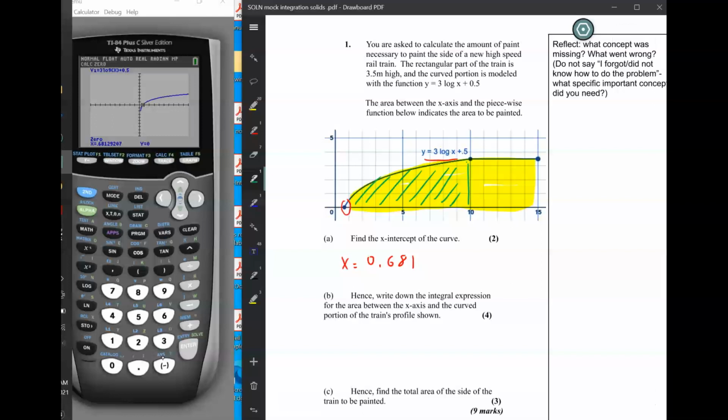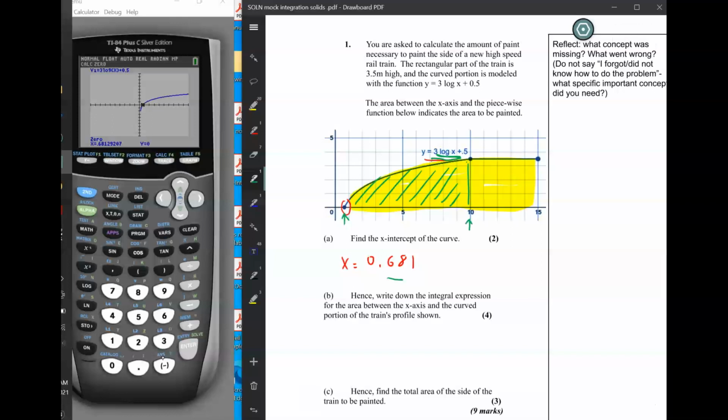Okay, so how do I write the integral expression for this? I need three things. One is I need the function, which I have there. The other is I need the left boundary where the curve starts on the left side, and of course that is 0.681. And then I need the right side boundary, which is 10.